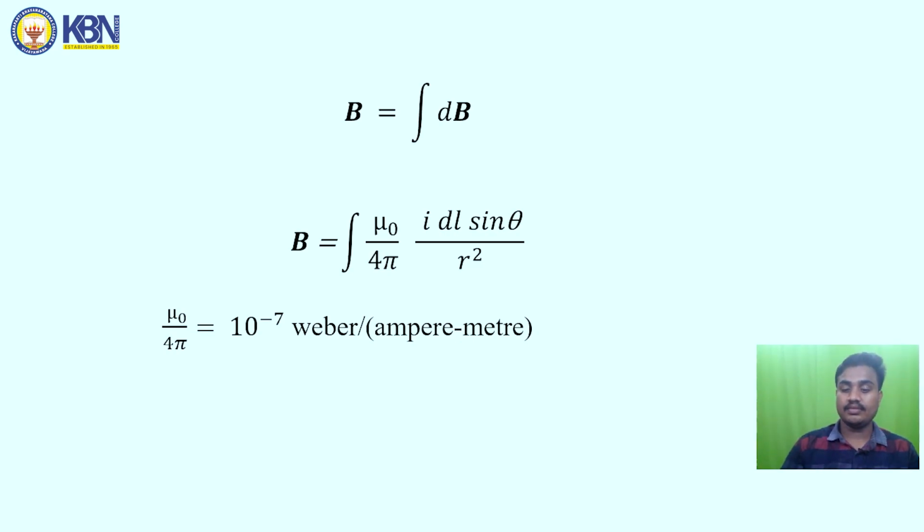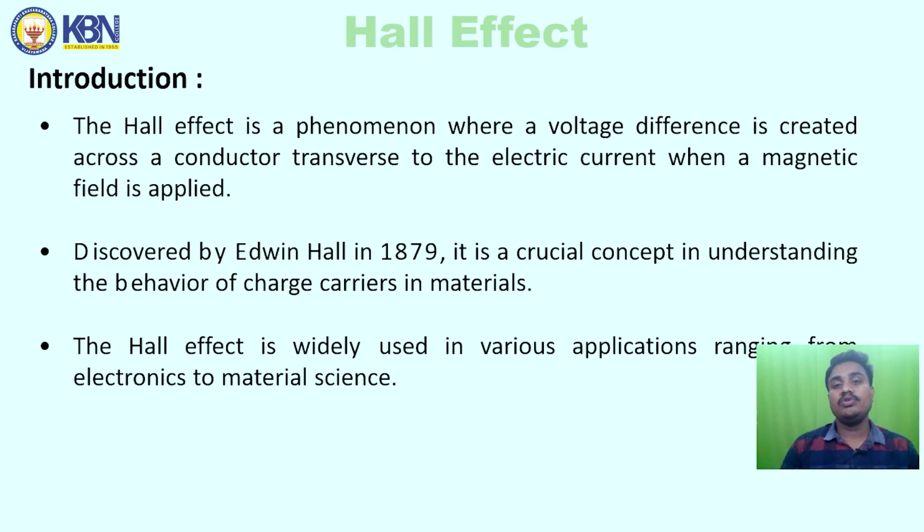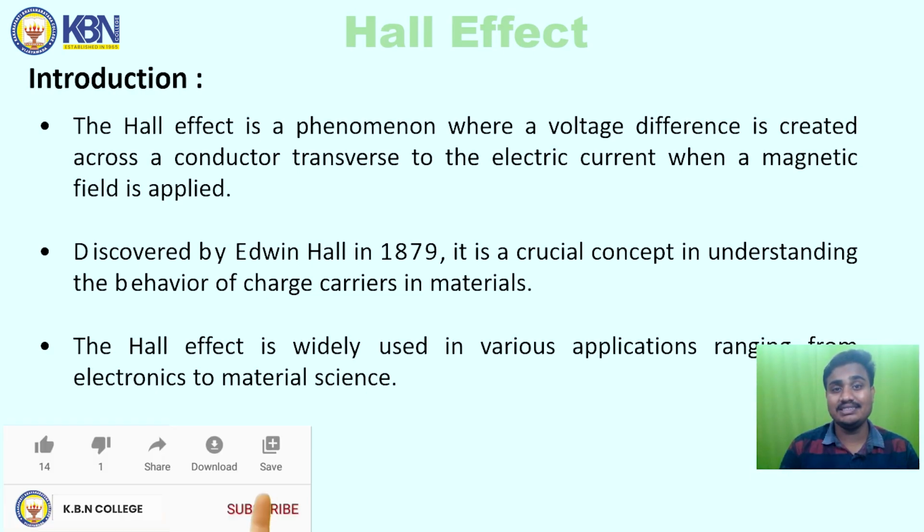Next topic is about the Hall effect. Coming to the introduction, the Hall effect is a phenomenon where a voltage difference, or potential difference, is created across a conductor, transverse to the electric field, when a magnetic field is applied.